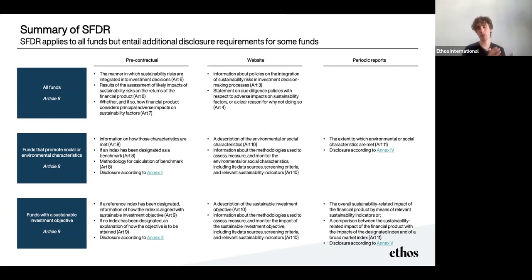The main thing to see here is that whether or not you consider sustainability risks as material to the future returns of your fund, or if you consider principal adverse impacts, so the negative effects from the fund's assets under management, whichever position you as a fund choose, you will have to disclose in pre-contractual agreements, on the website, and in periodic reports what your position is.